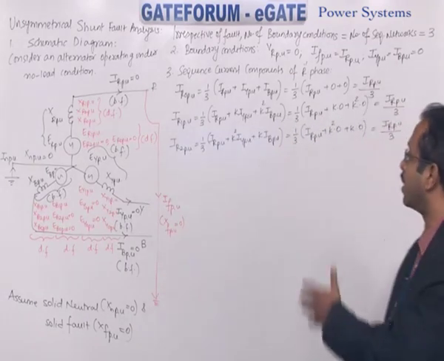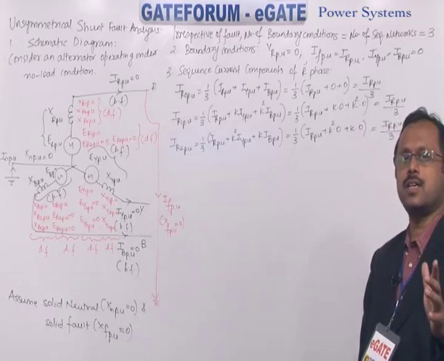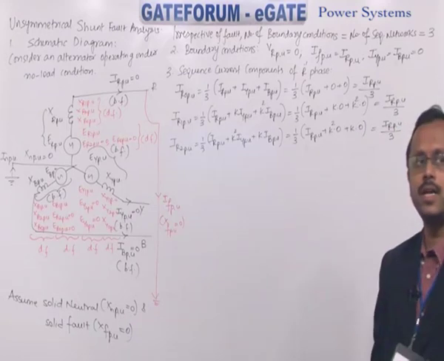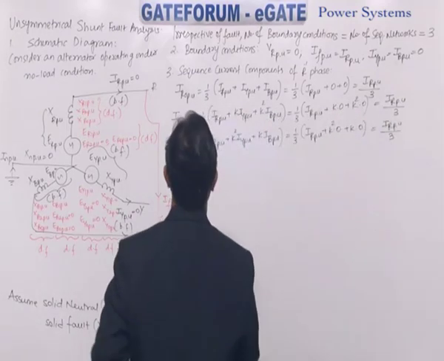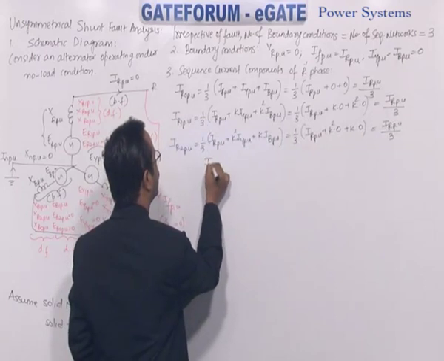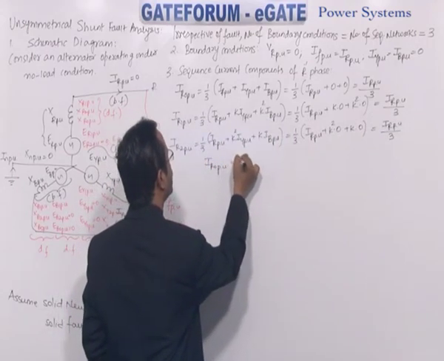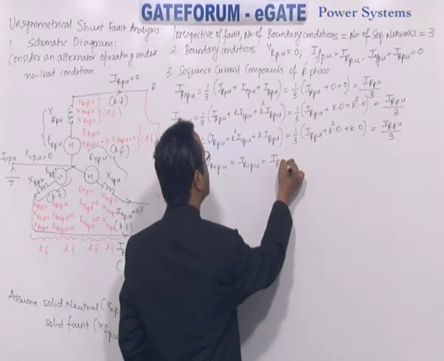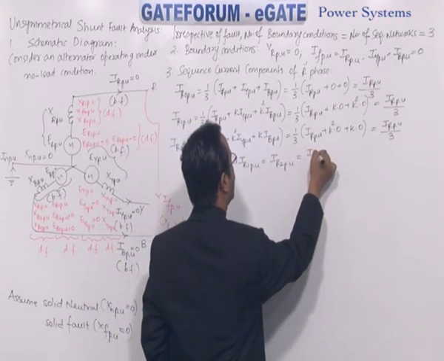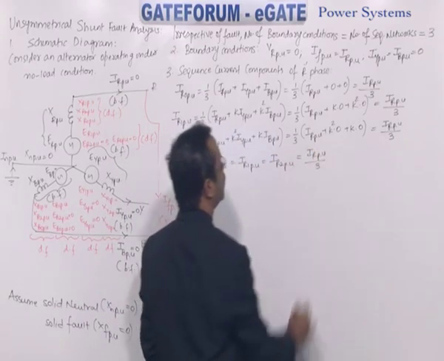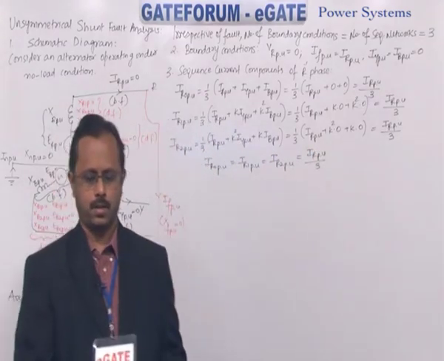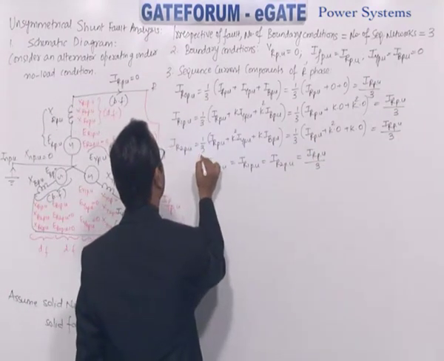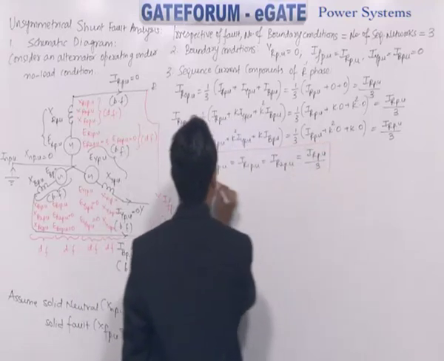So you can observe here, all the three sequence current components are equal to IR by 3 per unit. So what do we conclude here now? IR per unit is the same as IR1 per unit, the same as IR2 per unit. All are equal to IR by 3 per unit. So this relation is important regarding the line to ground fault.